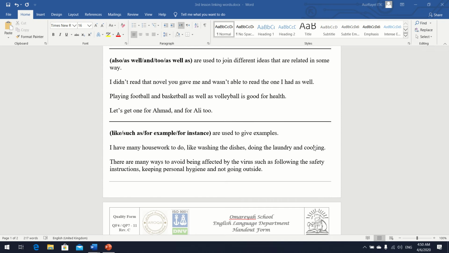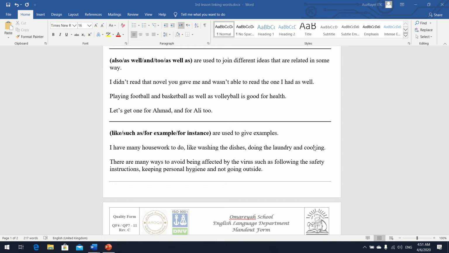The second sentence says, playing football and basketball as well as volleyball is good for health. So here we gave examples of sports that are good for health. We say that the action of playing football and the action of playing basketball, as well as volleyball, which is another sport.